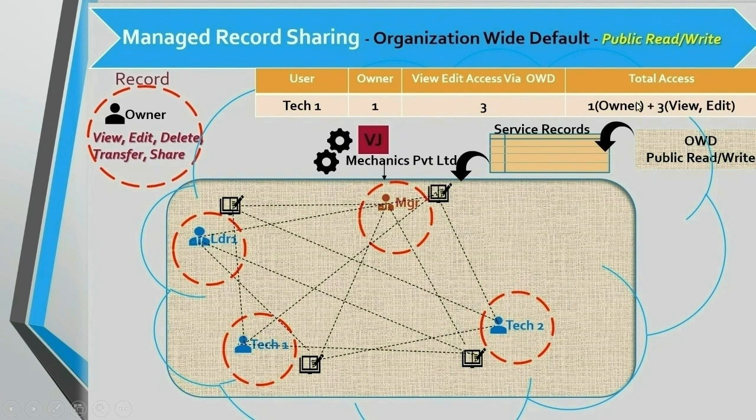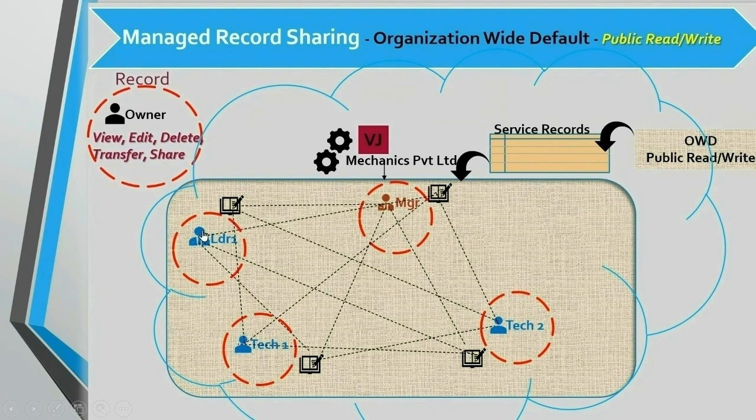So totally he will have 4 records access. Same way, Tech2 user will have one record as owner and the other three records created by MGR, LDR1 and Tech1. He would get read and edit permissions on those three records. Totally, he will have one record as owner and three records with view and edit permissions.